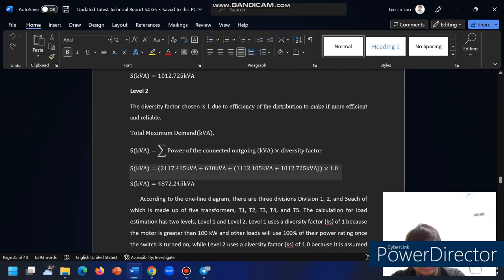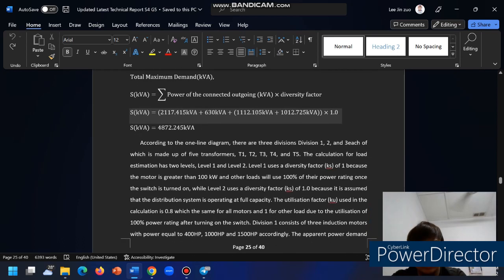So the total we added, times 1.0, and we will get 4,872.245 kVA. And according to the one-line diagram, there are 3 divisions, 1, 2, 3, each made up of 5 transformers, T1 to T5, and the calculation for load estimation has 2 levels, level 1 and level 2.